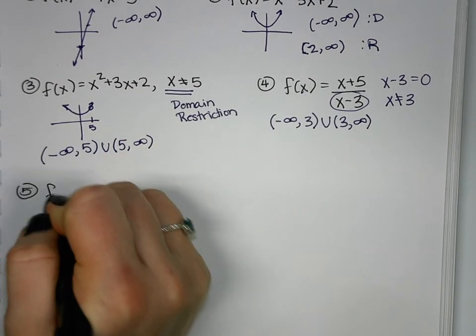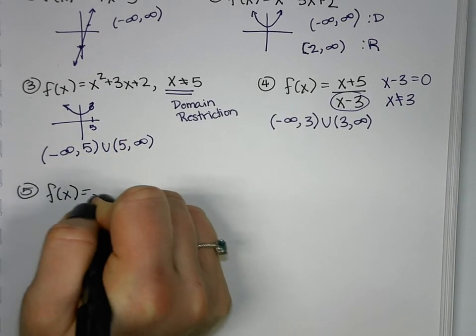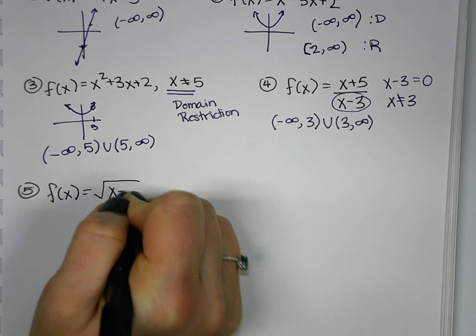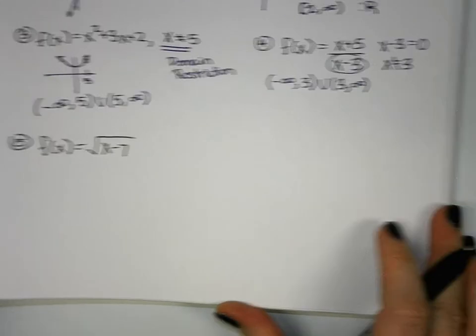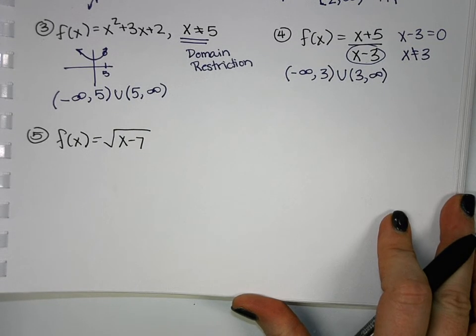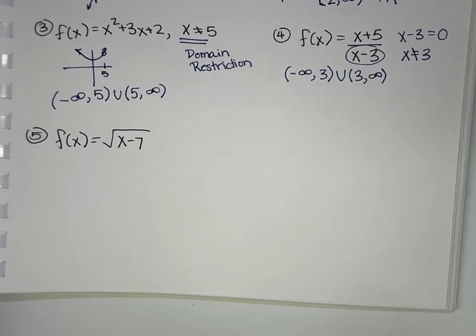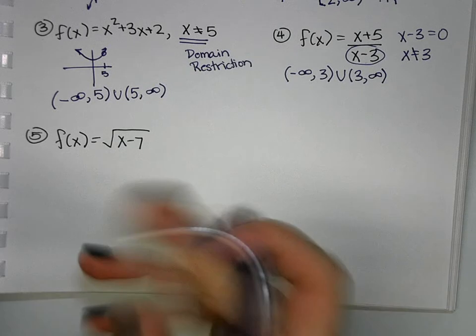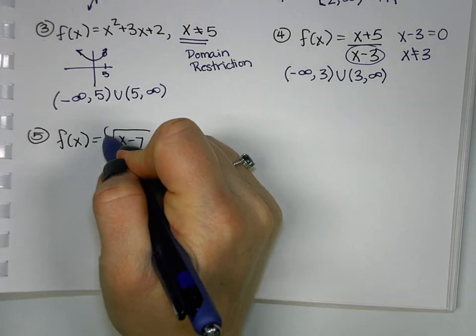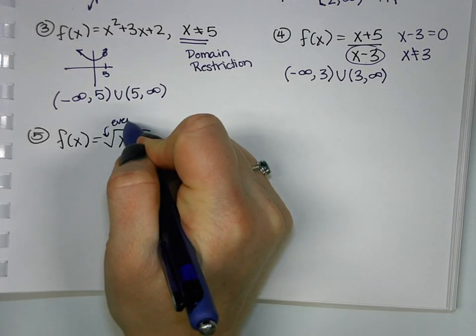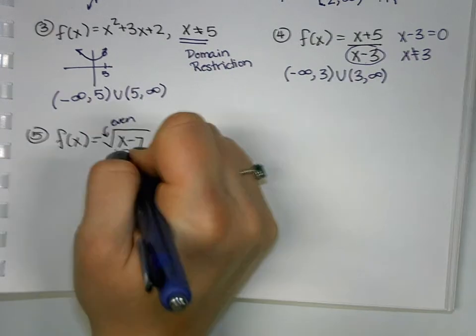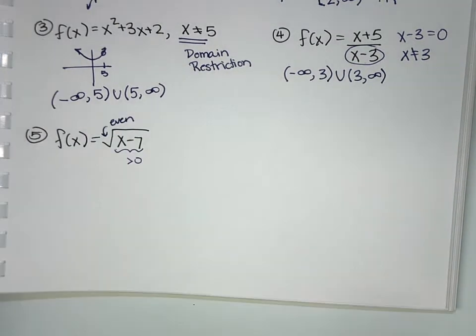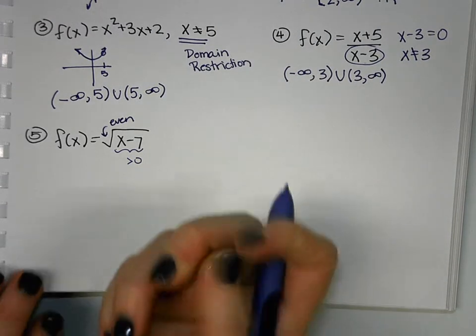So this next one, f of x equals the square root of x minus 7. So again, when we have a radical, a square root, or anytime this is even, what's inside our radicand has to be greater than or equal to 0. Otherwise, we'll get an imaginary number.